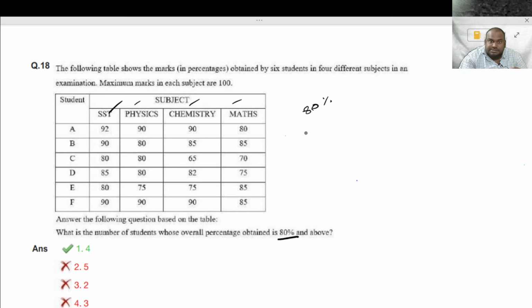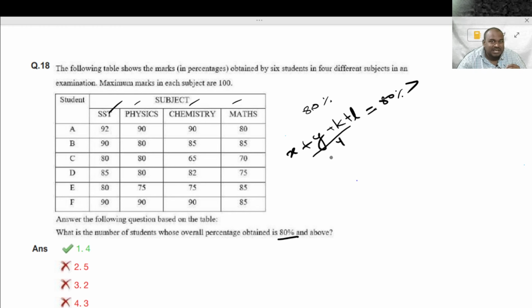Overall percent means average. Suppose in X subject, in Y subject, in K subject, in L subject, you get some marks. So you just add all of them and divide by 4. Then it should be 80% or greater than that.